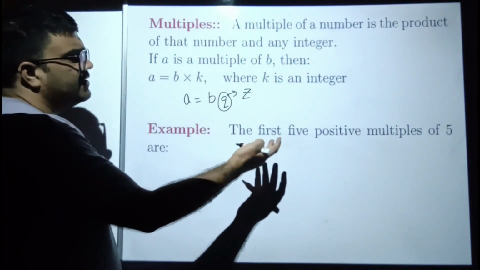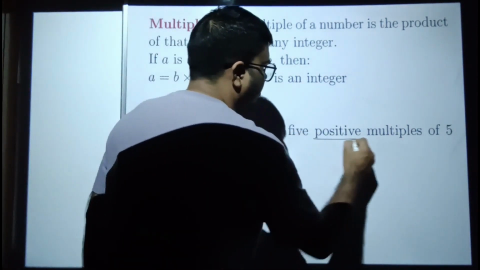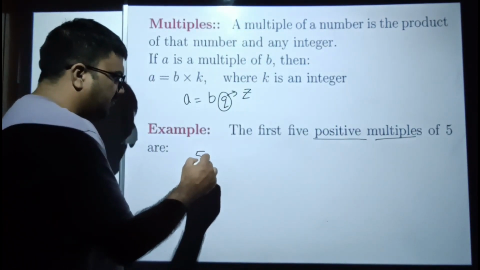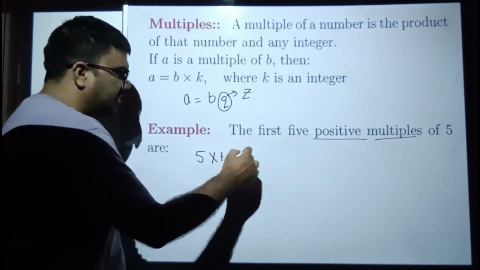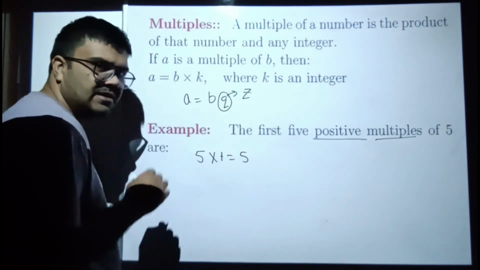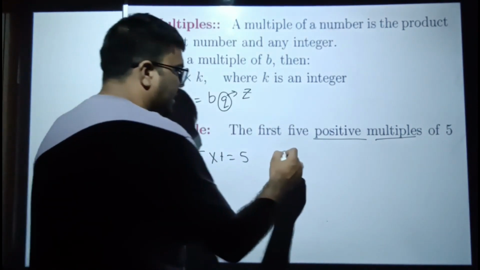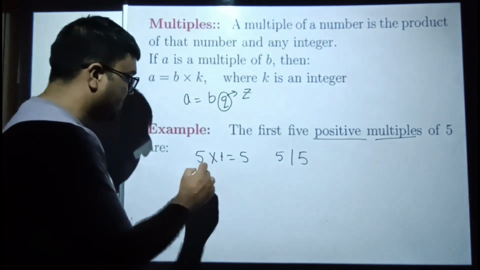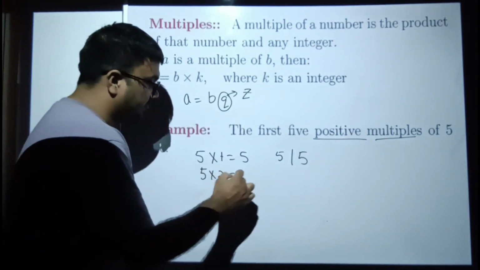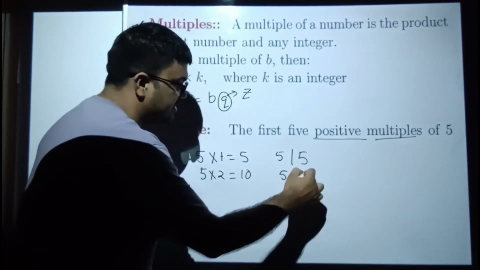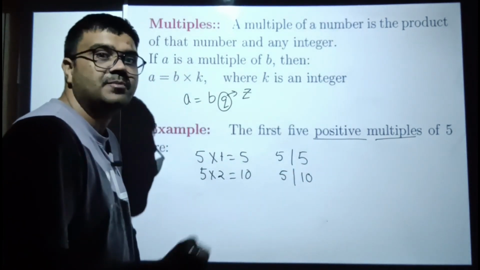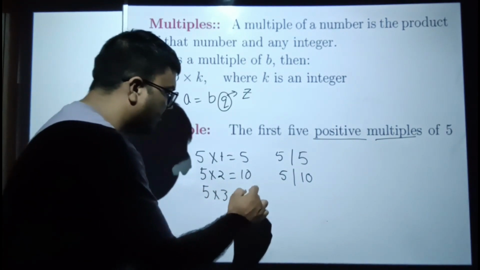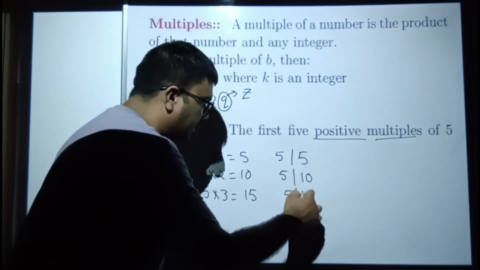Write the first 5 positive multiples of 5. The first positive multiple of 5 is 5 itself. If we multiply it with 1, we get 5, so 5 is a multiple of 5, or we can say 5 is divisible by 5. 5 into 2 is 10, and 5 divides 10.